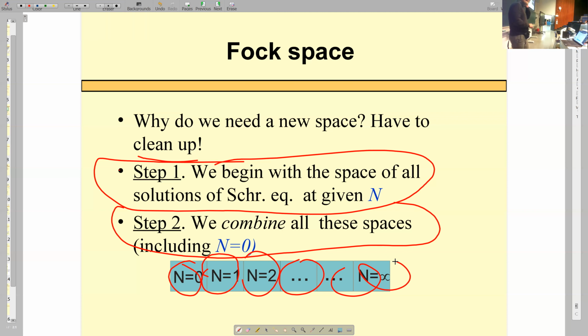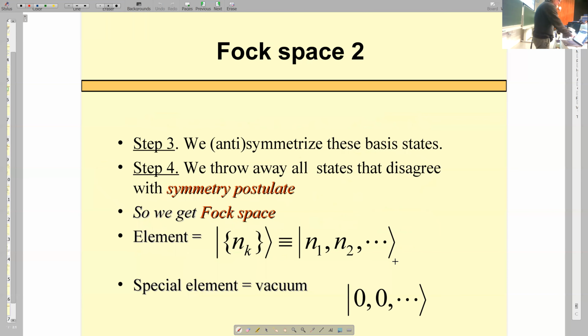That was the second step of the construction. And now this reduction. First we need to understand whether we make this for fermions or for bosons. And upon this decision, we symmetrize or anti-symmetrize the basis states, as I did several transparencies before.